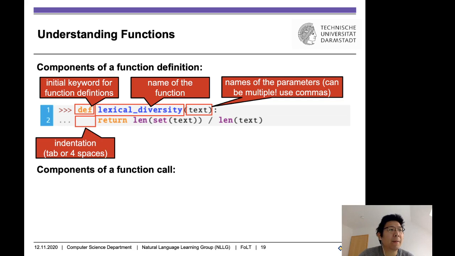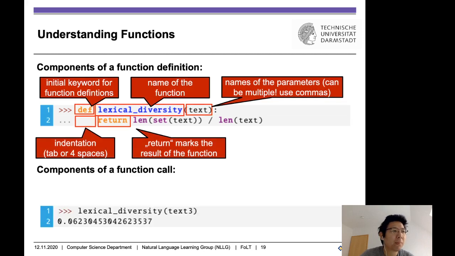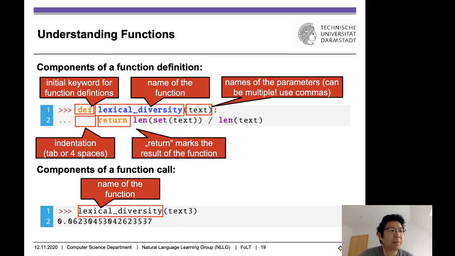And if you want to get something from that function, you have to put the keyword return here. And in this example, you will return the lexical diversity calculated by this line of code. And as long as you have defined functions, you can invoke it by specifying the name of the function and the values of the parameters. Then you will get the results.